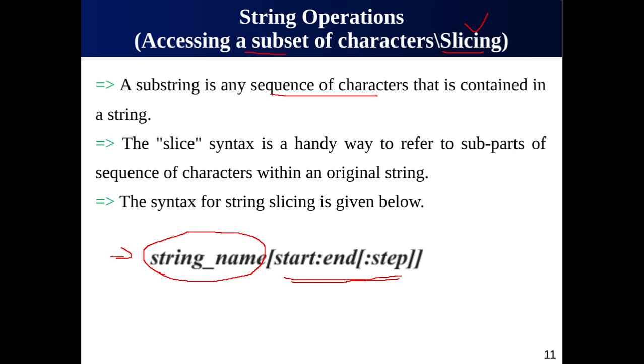As we are interested in displaying only a subset of characters, which is known as a slice, we have to provide three types of information: the starting index and the final index, from where you want to start the slice and up to where you want to display the characters in that slice, and that step. You are familiar with this thing. We have already studied it in the for loop. Three things: this is optional, this is optional, this is mandatory.